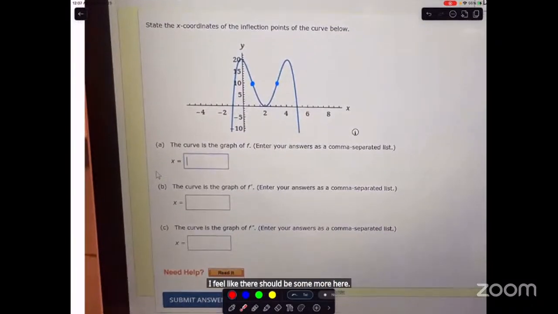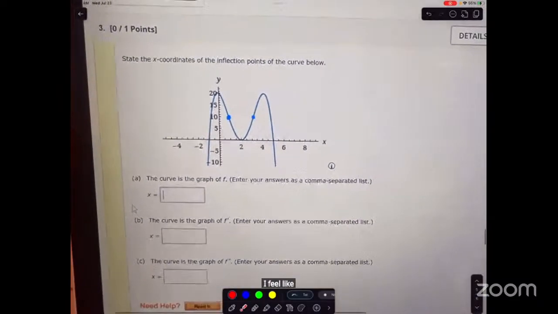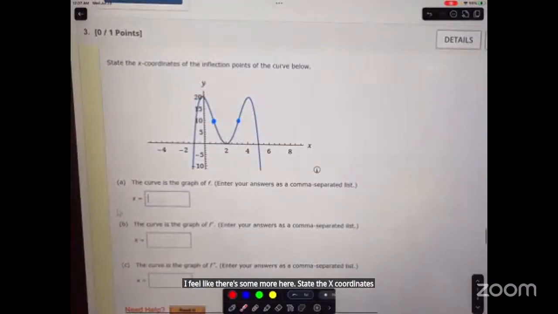Okay, f prime. Okay. The curve is the graph of f. Any of your answers is comma. I feel like there's some more here. State the x coordinates of the inflection points of the curve below.